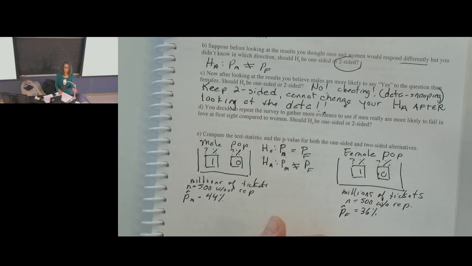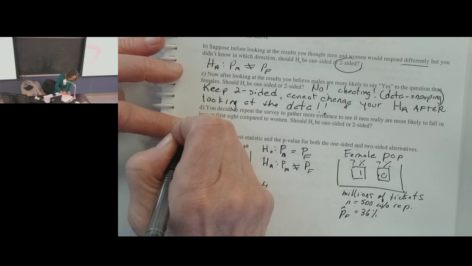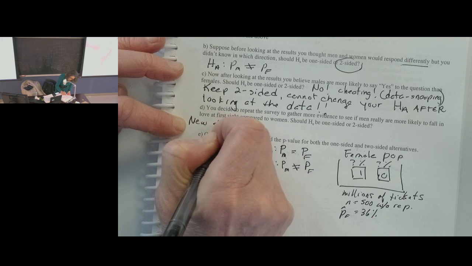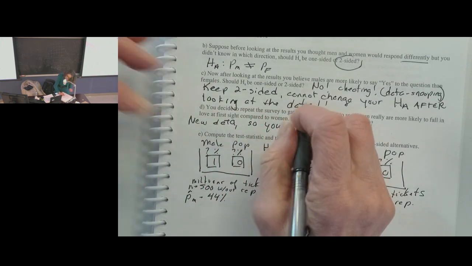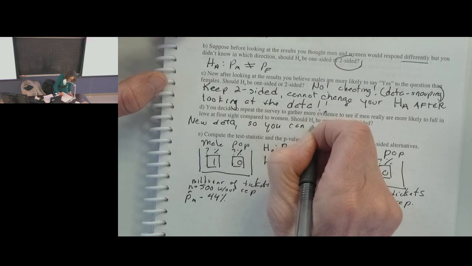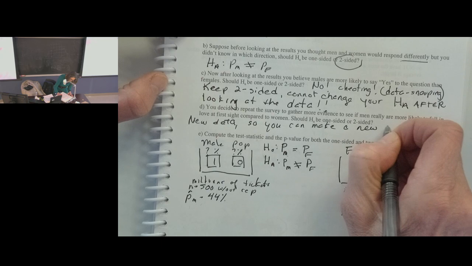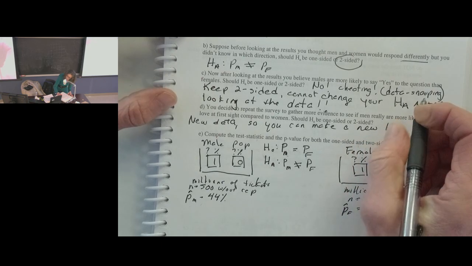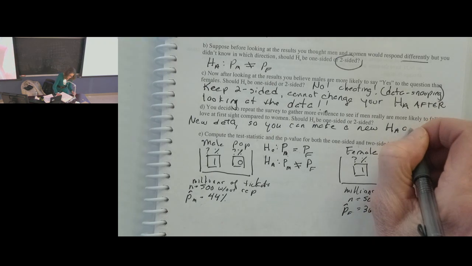What do you think? Anybody? One-sided, right. Now that you know more information, you might as well use it. So now you can change it. You have new data. So you can make a new alternative, as long as you make it before you look at the new data.